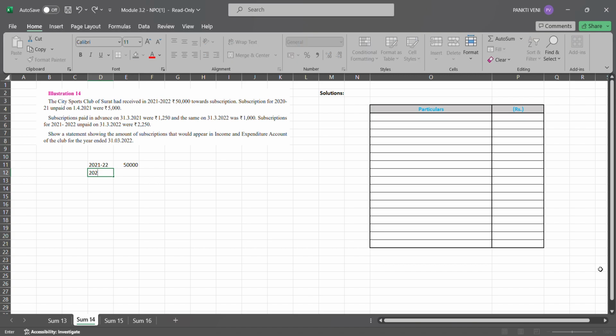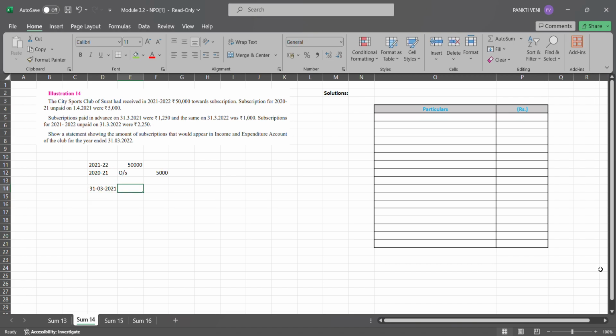So as on 2020-21 we have an outstanding amount of 5,000. Subscription paid in advance on 31st March 2021 was 1,250, and for 31st March 2022, again we have subscription in advance of 1000 rupees.